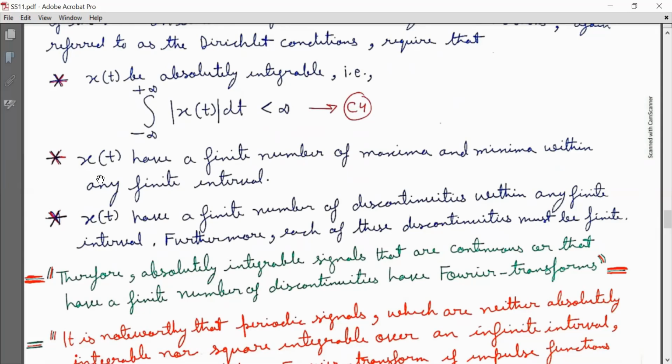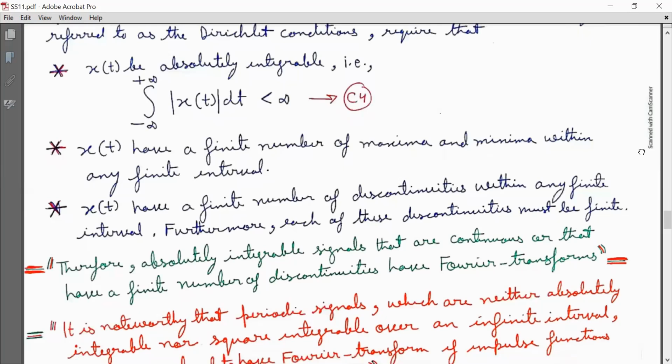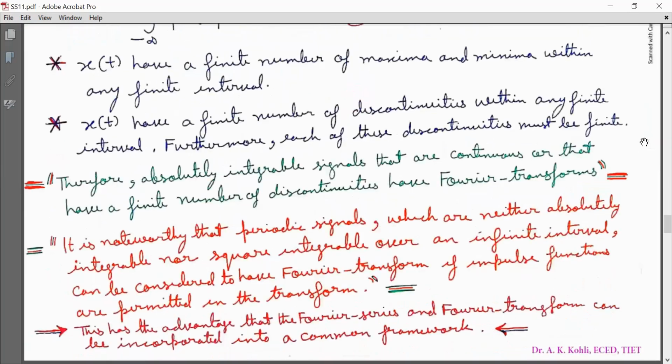It is required that x(t) have a finite number of maxima and minima within any finite interval, and also a finite number of discontinuities within any finite interval. Furthermore, each of these discontinuities must be finite. Therefore, absolutely integrable signals that are continuous or that have a finite number of discontinuities have Fourier transforms.